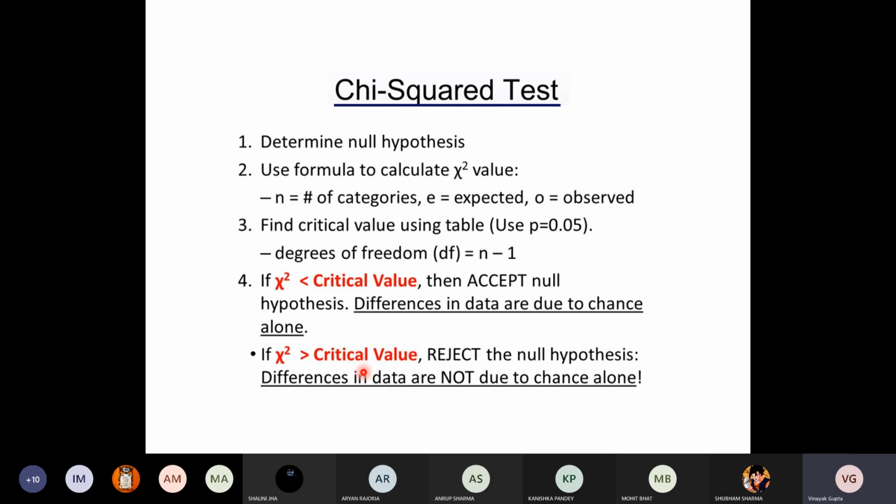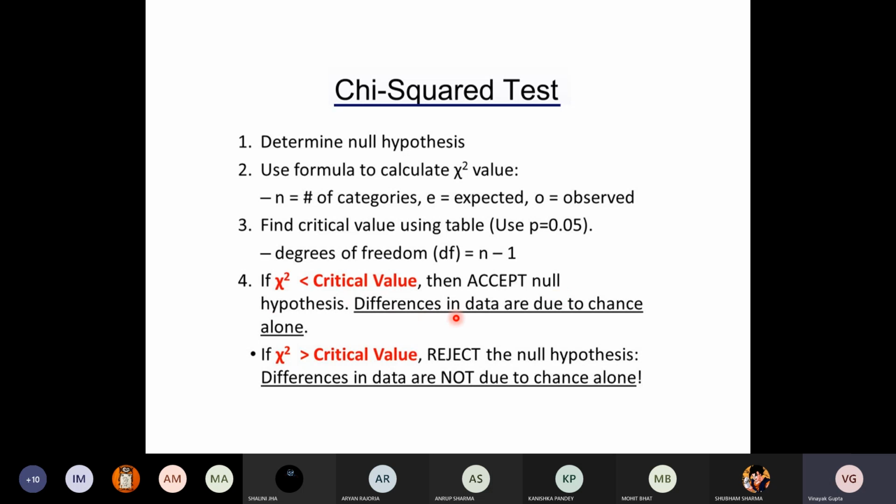So the last step is that the calculated chi-square value should be less than the critical value, or the table value. The table will be provided, and based on the table you are going to get one value. Your chi-square value should be less than that, then you accept the null hypothesis.